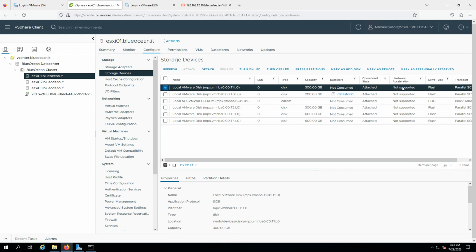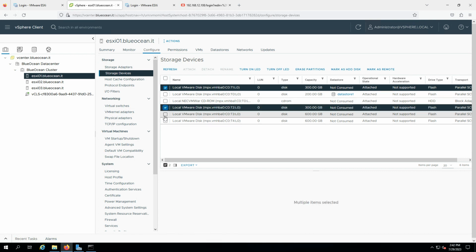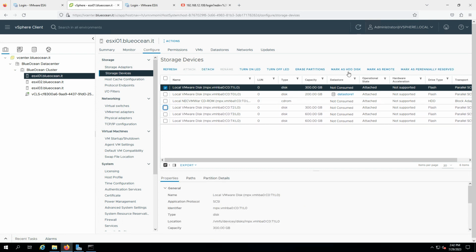You can mark those disks as flash. It is for lab only, because if you want to do an all flash setup, you can select all your HDD disks and mark them as flash. Where you see mark as HDD, you can mark it as HDD, but if it was HDD, you can mark it as a flash disk.